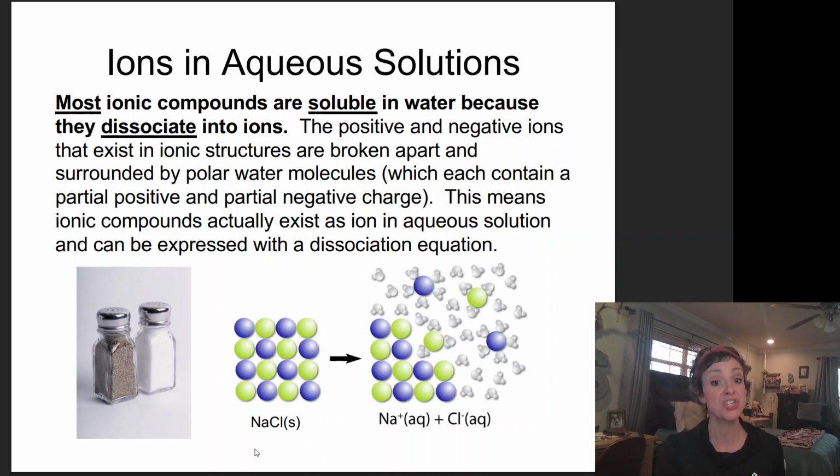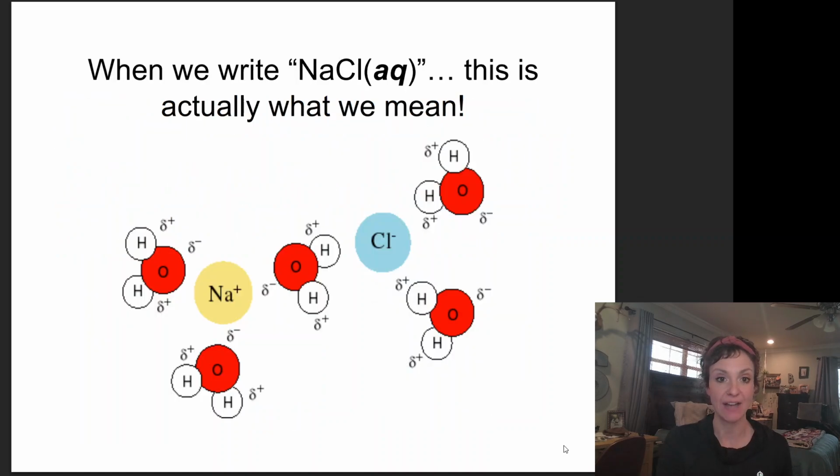It shows that solid ionic compound and what it looks like when it dissociates, or breaks apart, into ions in solution. So here I'm taking solid sodium chloride, and once it is put in water, I would designate that it breaks up into the sodium ion and the chloride ion, both of those in water, which is why I represent them with an aqueous, or AQ, symbol after that.